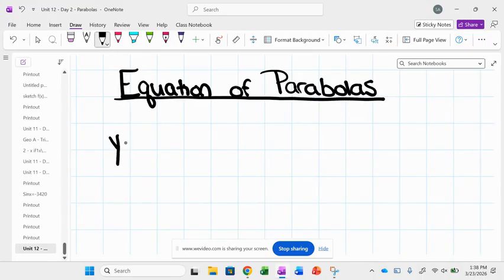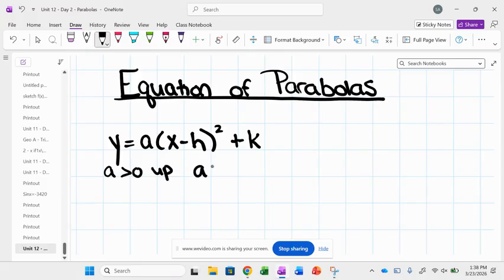So if we have y equals a times the quantity of x minus h squared plus k, which kind of parabola is this? Is this a vertical parabola or a sideways parabola? A vertical. This is our normal parabola. And we know that if a is greater than 0, we're going up. If a is less than 0, we're going down.